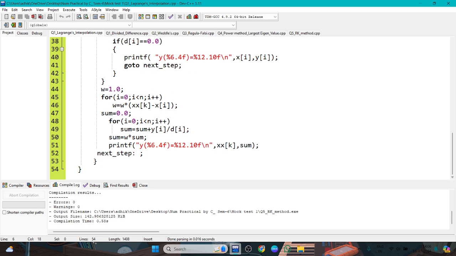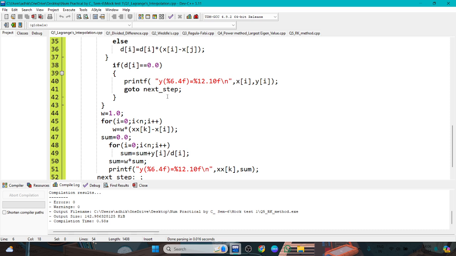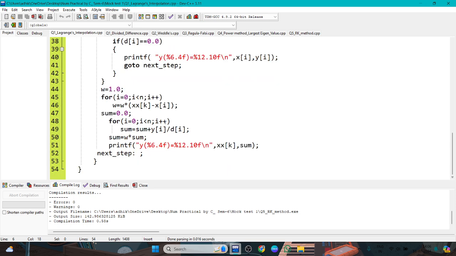Next step means the next increment of k, that is k equal to 1, with the next value of xx. Otherwise, if not equal to 0, w equal to 1; for i equal to 0, i less than n, i plus plus, w equal to w star (xxk minus xi); sum initially equal to 0; for i equal to 0, i less than n, i plus plus, sum equal to sum plus yi divided by di.